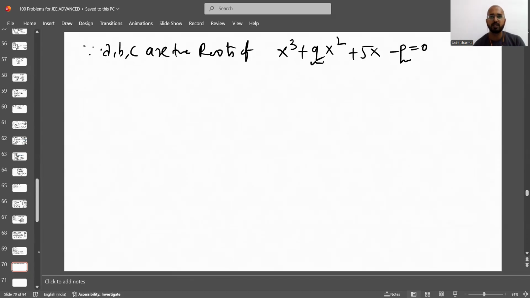From the product of roots also I get no information, because p and q we don't know. So the best would be to use the sum of products of roots two at a time. That means I'm going to have ab plus bc plus ca is equal to 5. This information I have at least. So ab plus bc plus ca is 5.